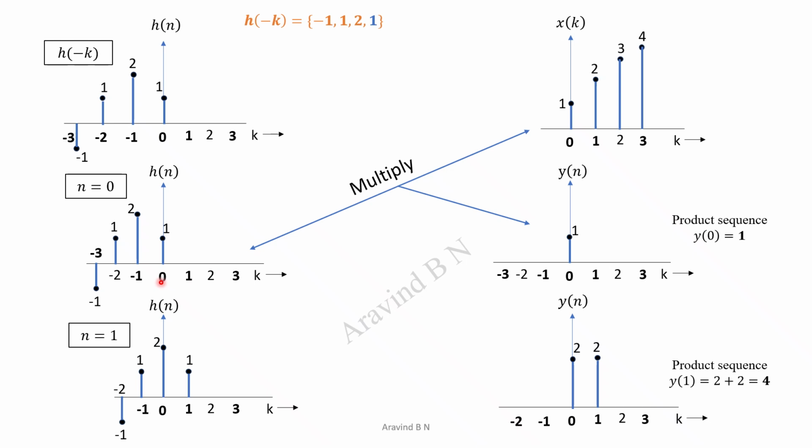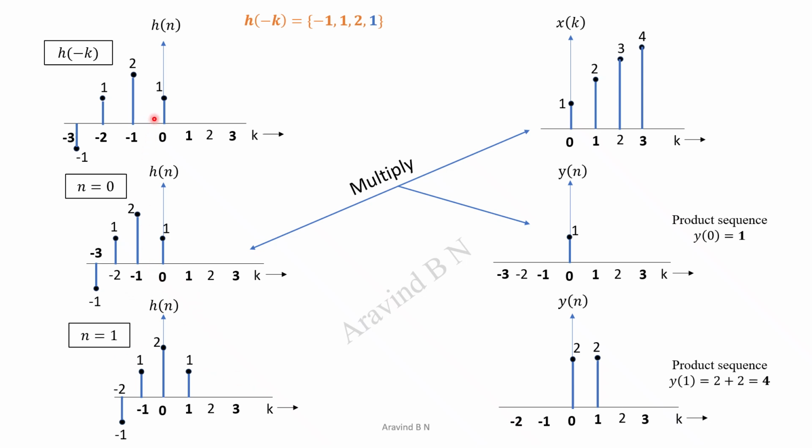See, at the origin it is 1, and at the origin here it is 1. So this 1 into 1 is multiplied. No other values are available to perform the multiplication, so all other values will be equal to 0. Therefore only this 1 into 1, the answer is 1. Similarly, when n becomes equal to 1, shift right the sequence by one value.